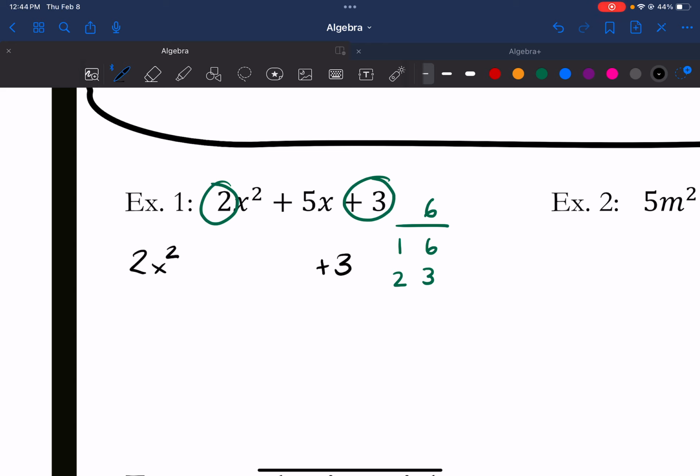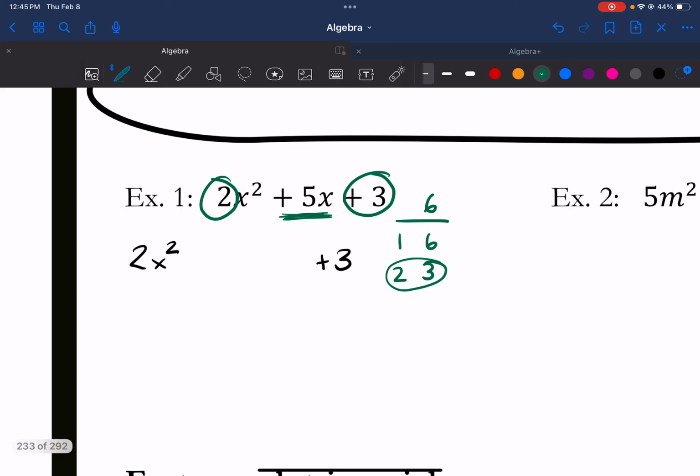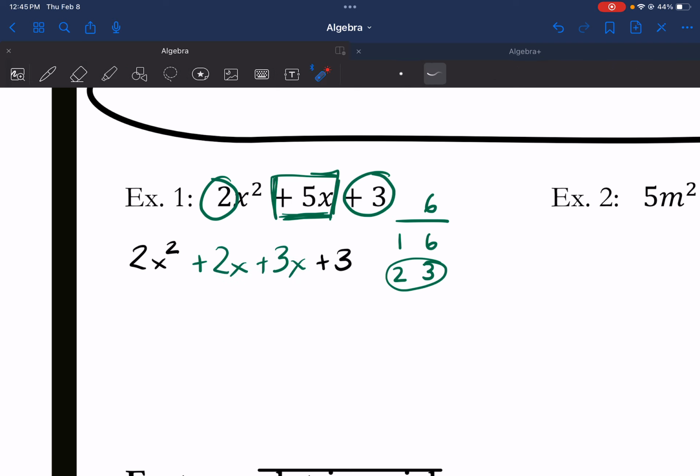From our steps, we need to replace B with the factors that we choose. If I choose 2 and 3, you're actually going to have a GCF here, so we're taking the 5x and making it a positive 2x and a positive 3x. Do you see how we've set it up so there's a GCF here and a GCF here? Because now I can factor by grouping.